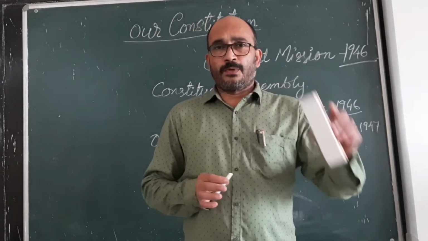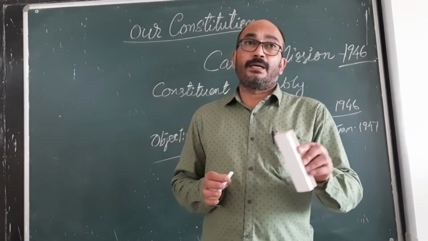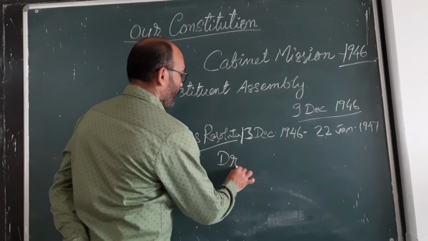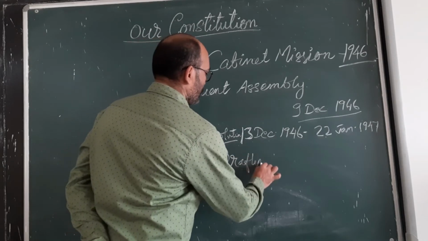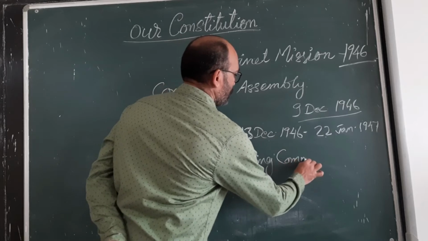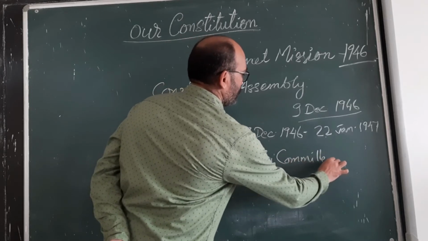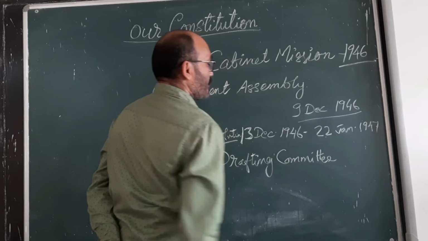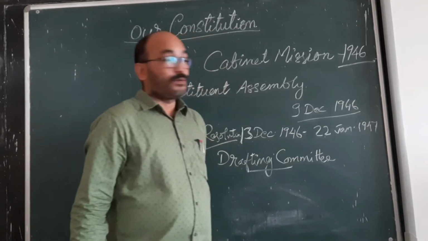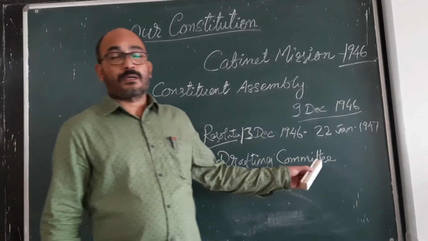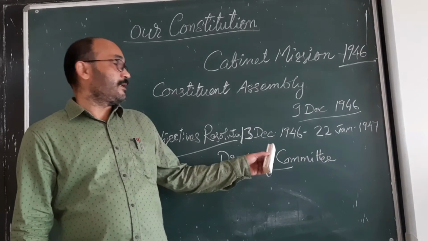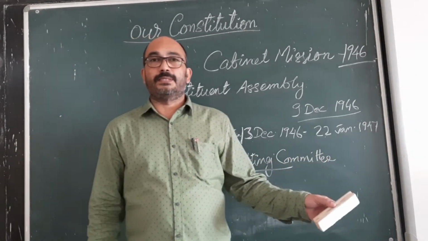One of the most important of these committees was the drafting committee. The drafting committee was headed by Dr. Bhimrao Ambedkar. Dr. B.R. Ambedkar was appointed as the chairman of the drafting committee.